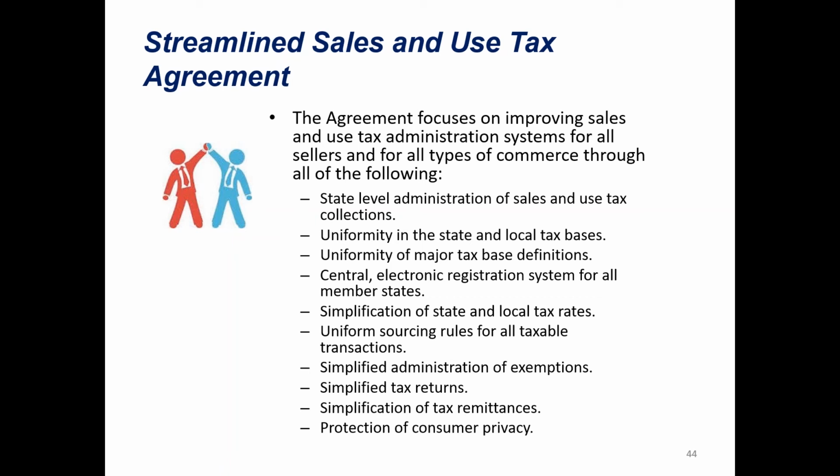Simplified administration of exemptions, and that comes across in a couple ways in terms of allowances and thresholds. So some states might have clothing that above $100 is taxable. If it's below $100, it's not subject to their state's tax. Also in that area, you have exemption certificates, in that Ohio here a couple years back went to fully completed.